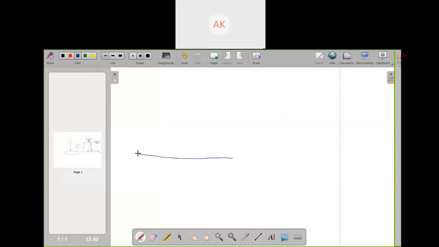Suppose this is your atom. This electron beam is hitting the atom at this time. This is the energy, and this is the stable or ground energy.